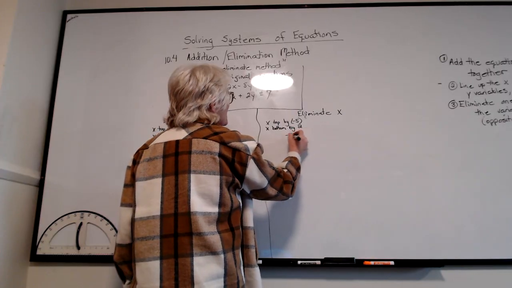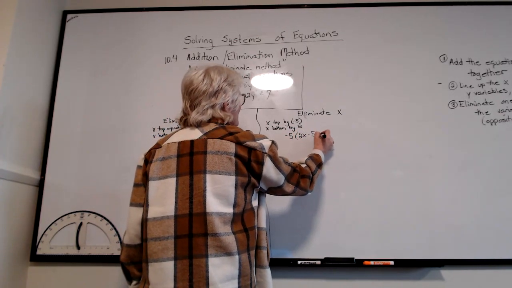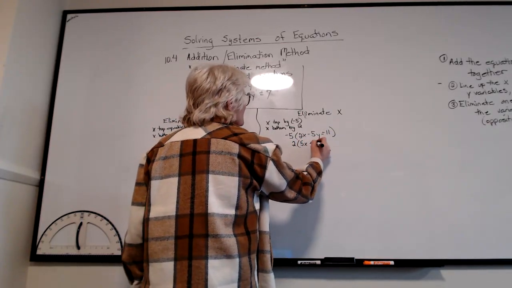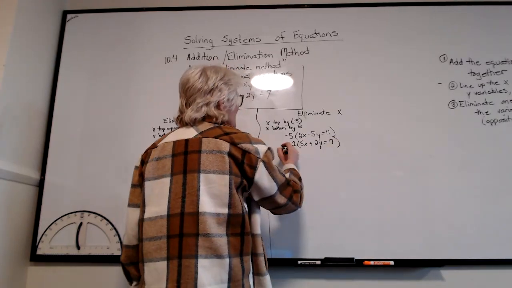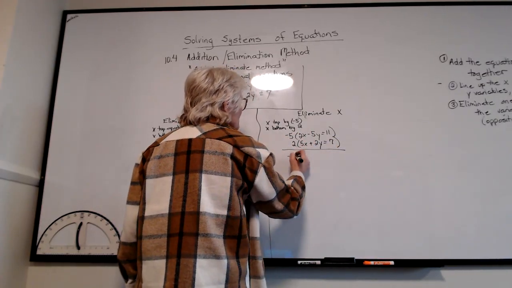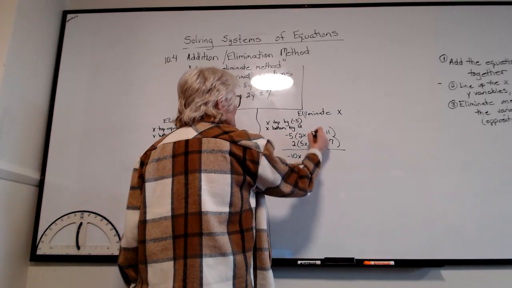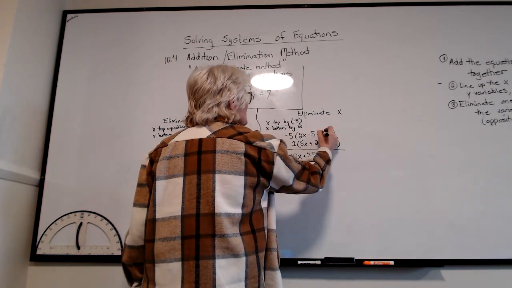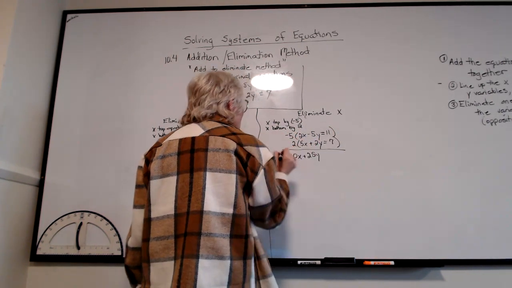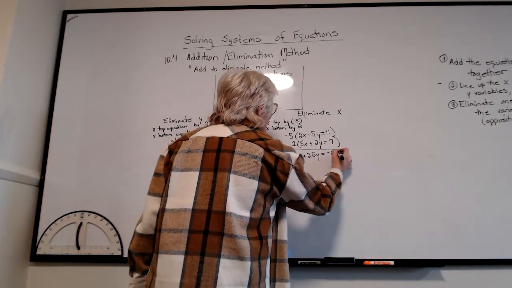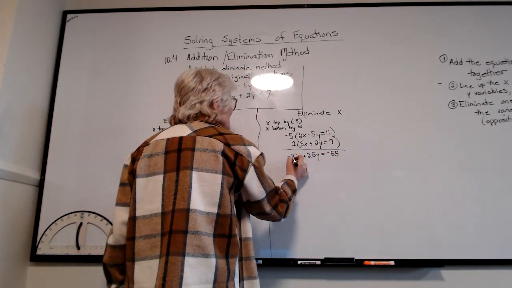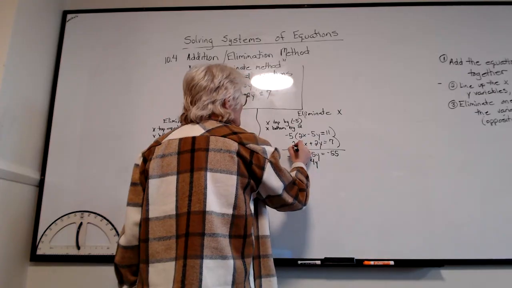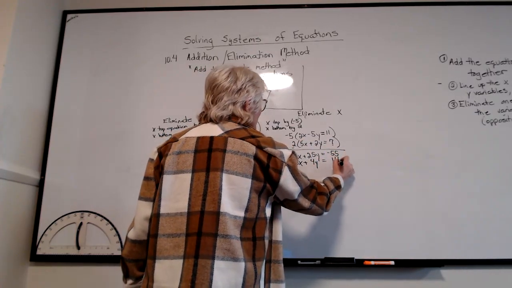So we're going to have negative 5 times (2x minus 5y equals 11) and 2 times (5x plus 2y equals 7). Negative 5 times 2 is negative 10x. Negative 5 times negative 5 is positive 25y. Negative 5 times 11 is negative 55. 2 times 5 is 10. 2 times 2 is 4. 2 times 7 is 14.